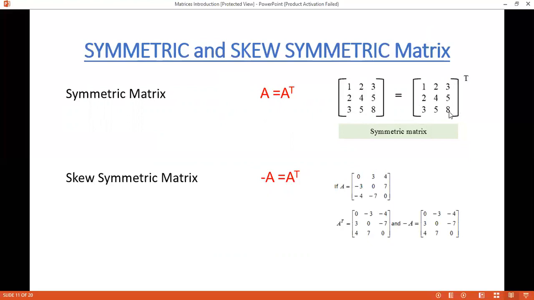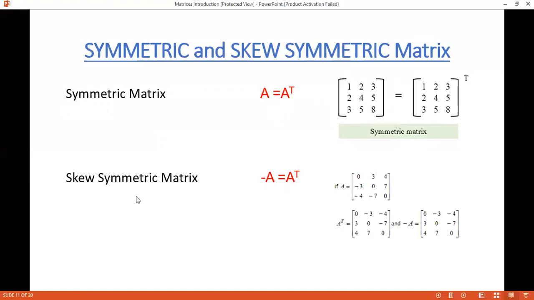If I take the transpose, row 1, which is 1, 2, 3, is converted into column 1, 1, 2, 3, and so on. Taking the elements, the element positions are the same. This is known as a symmetric matrix. So in a symmetric matrix, the matrix is equal to the transpose of the matrix.